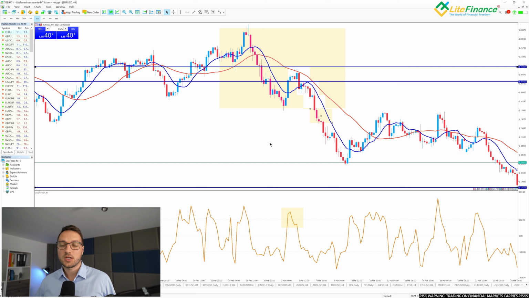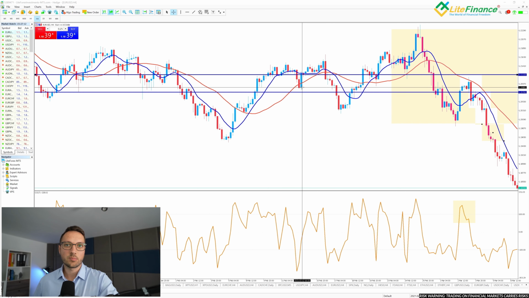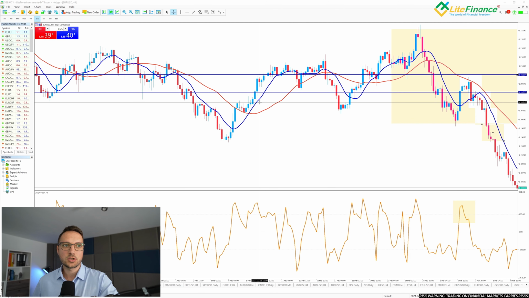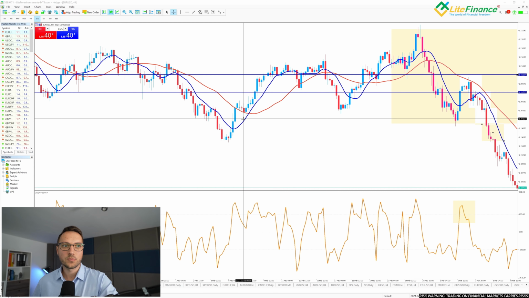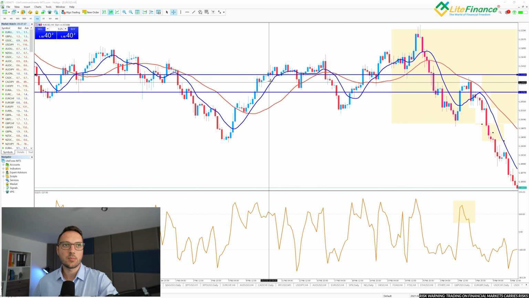Maybe now let's check an example which would not be so profitable. Okay, so I have right now the example of a losing trade. So let's check this out. This is a long trade example. We have the crossing of the fastest moving average to the upside, the price went up, up, up.